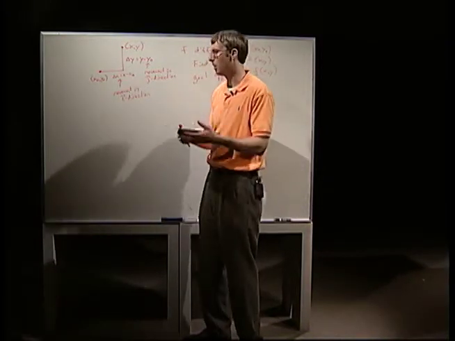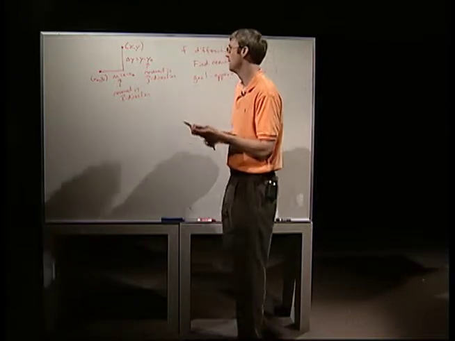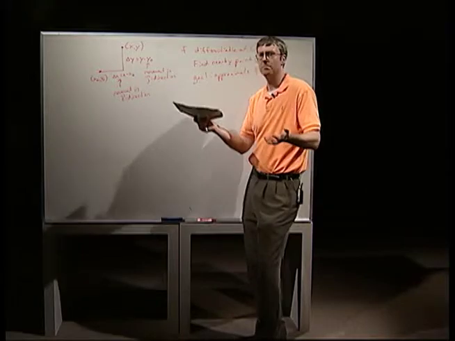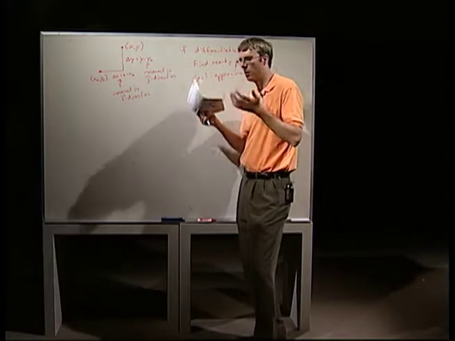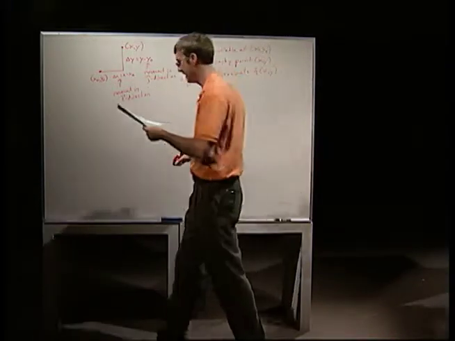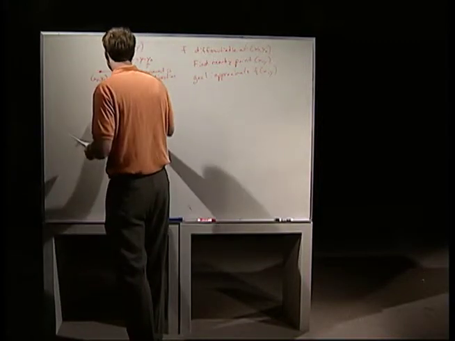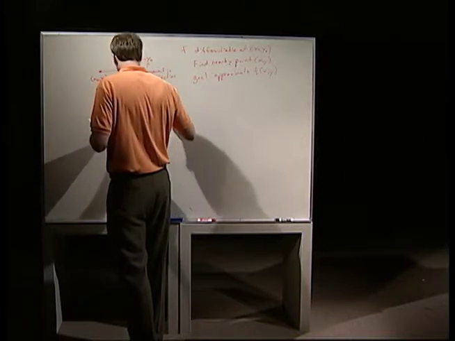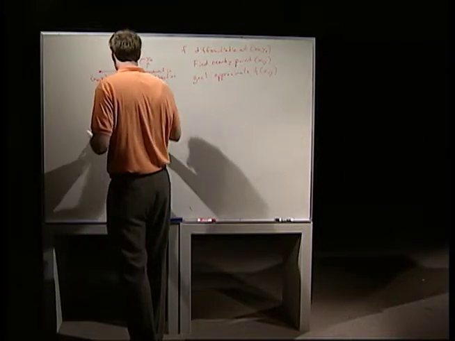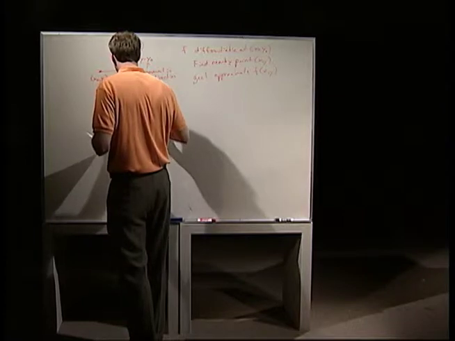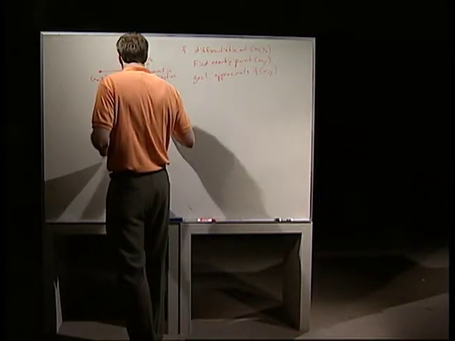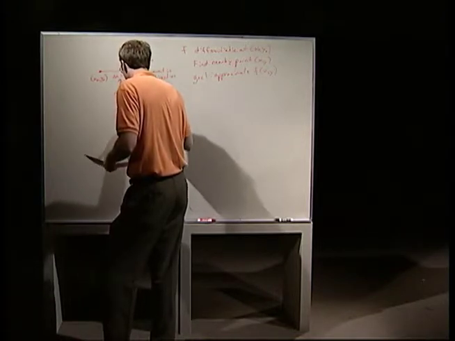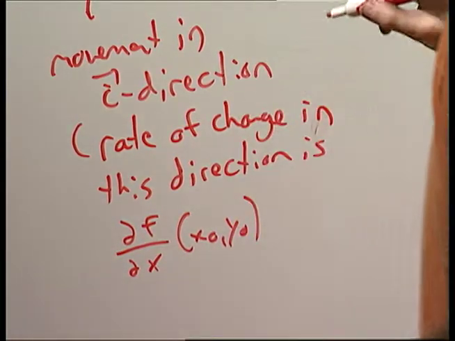It shouldn't get too far off. The same idea as on a single variable curve: if we go far from a point, there's a lot of change in the derivative. When we stay close to it, not so much. Same idea here. The rate of change in this direction is partial f, partial x at (x naught, y naught), right?